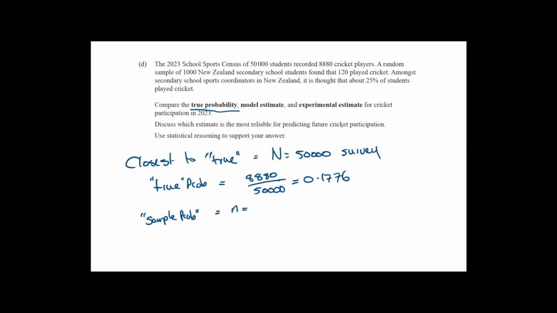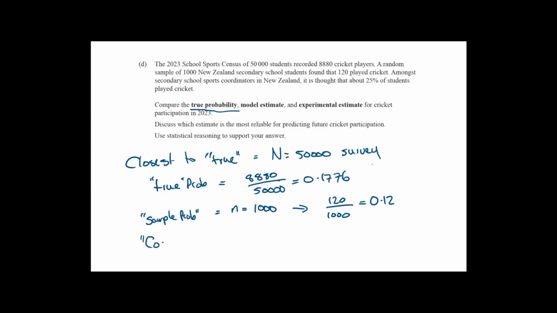The n is lowercase n because the sample is 1,000, and it finds that 120 out of 1,000 play cricket, which is 0.12. Okay, fair enough. Which is different. So there's a difference here.